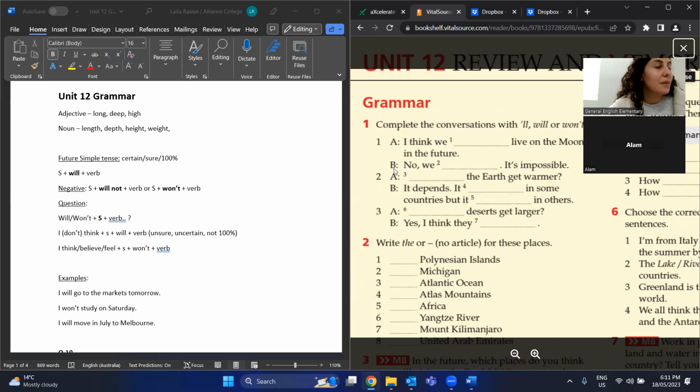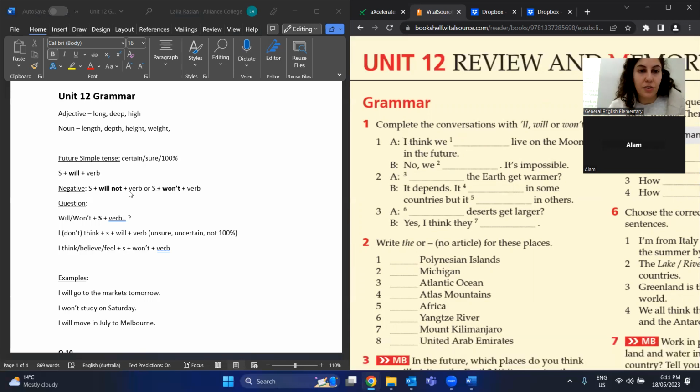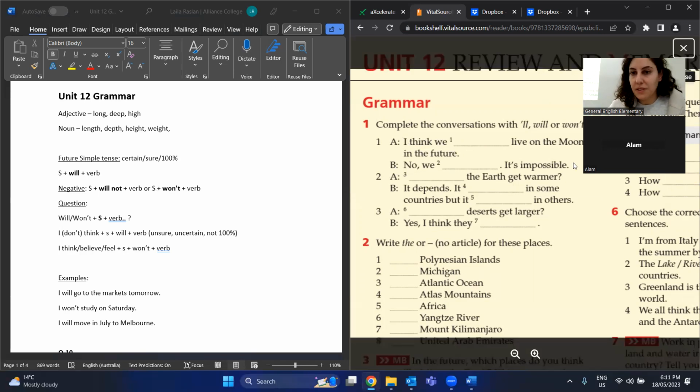But B says, Bruno: No, we won't. It's impossible. So that's the negative. We say won't or we will not. 2A, Fernando: when we make a question, we start with the verb.